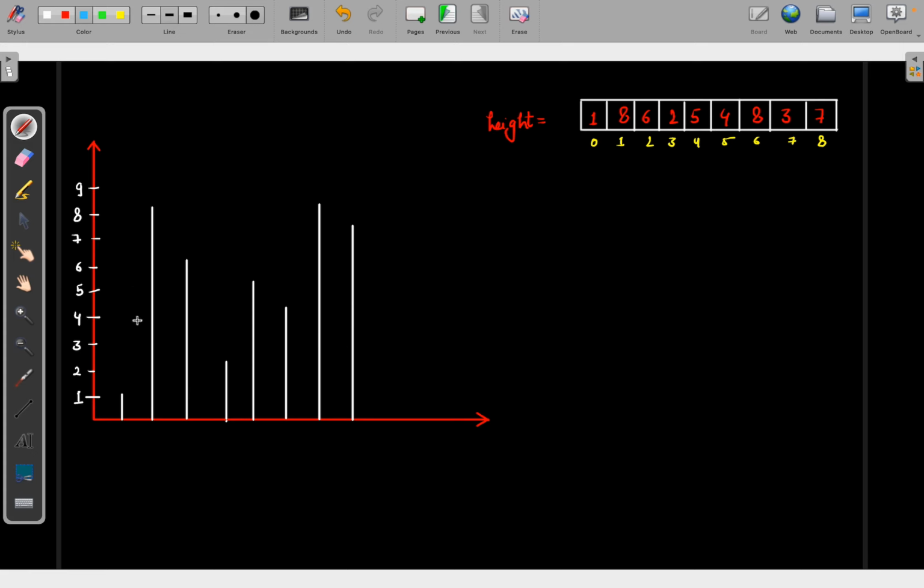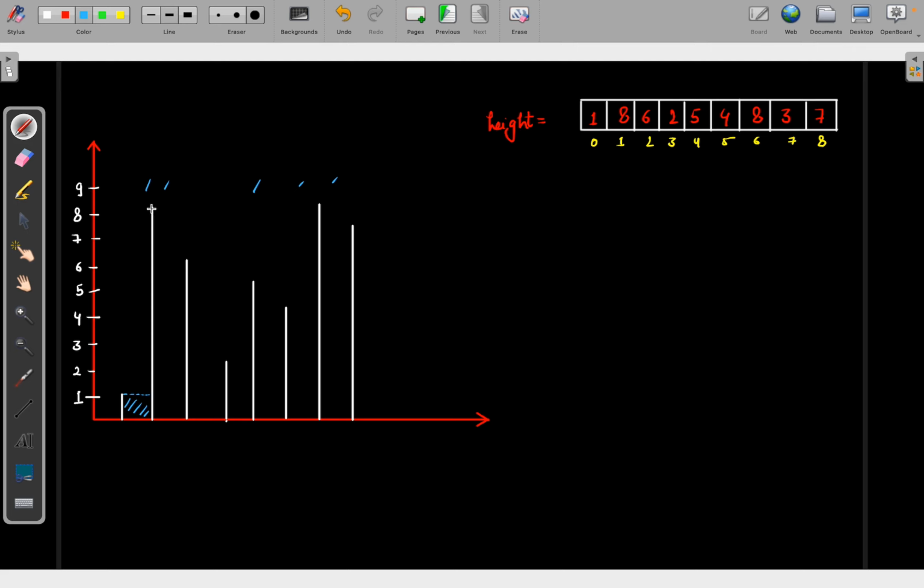Here you can see if I pour water here, water is also collected here, and this will be the height, but this will not be the most water, the maximum water stored.